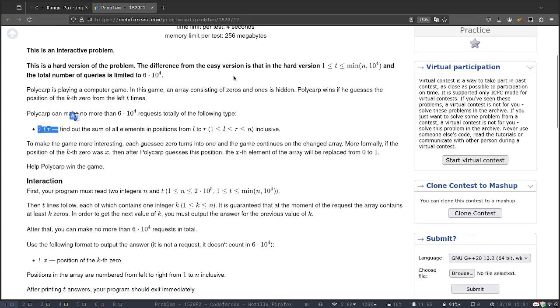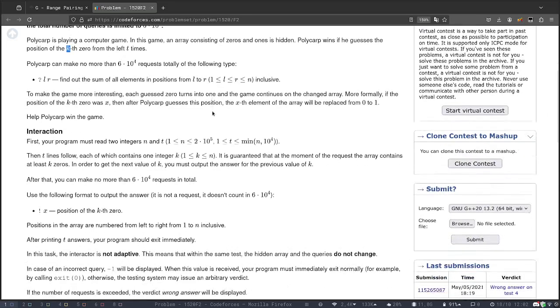Every time you guess the kth 0, it becomes a 1. And the computer can change the value of k. For example, the computer asks you to find the 5th 0 from the left. You find it, it becomes a 1. Then you have to find the second 0. You find it, it becomes 1, etc.